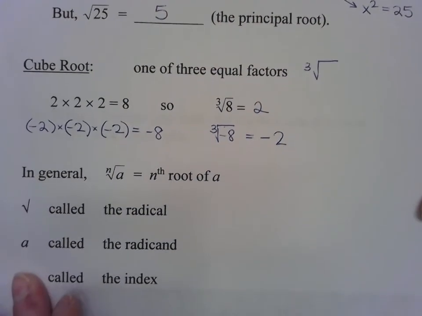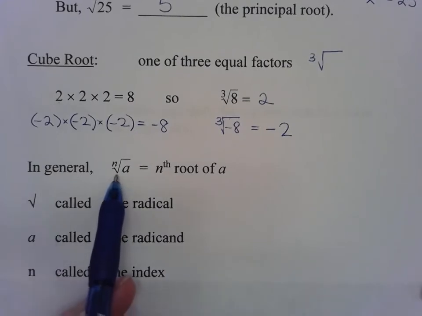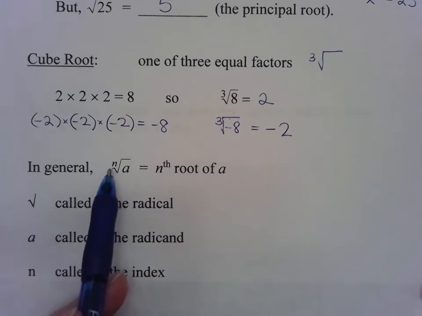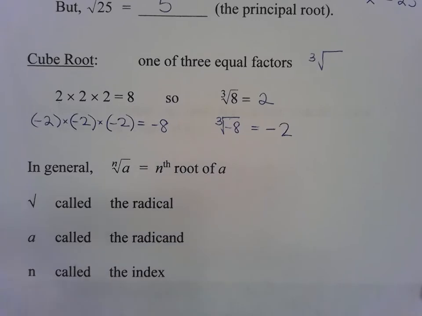In general, we could be a little bit more general and say, okay, I could have a 4th root, 5th root, 6th root, right? Any kind of root I want. If I want to use a variable, I could call it the nth root of a. All right, so that square root symbol, usually called the radical.